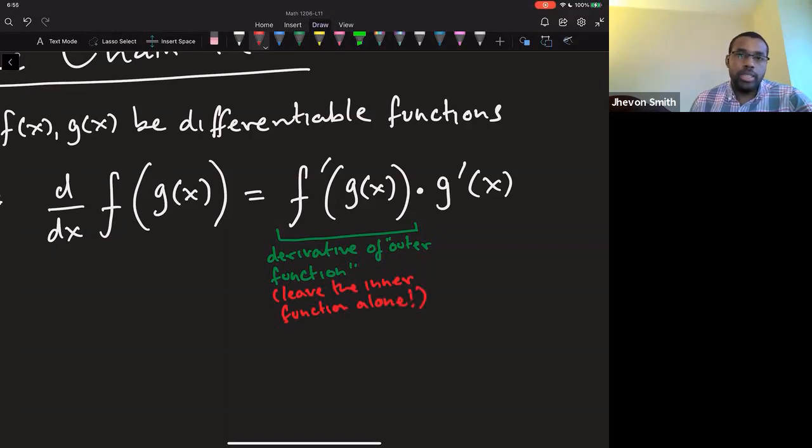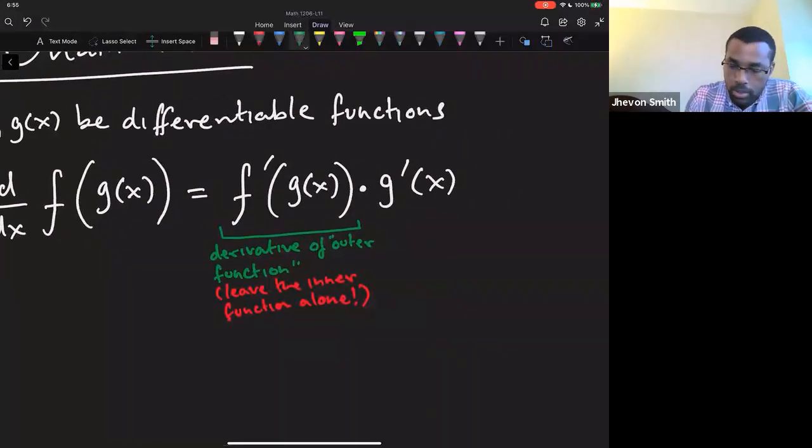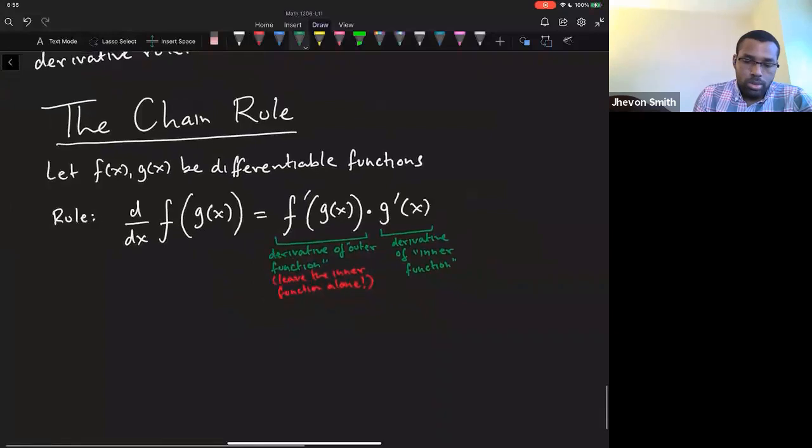Notice that the g of x didn't change in the first factor. Then you're going to multiply by the derivative of the inside function. Okay? So that's the chain rule.